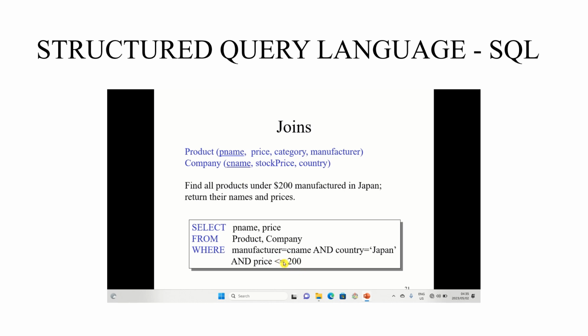You see, I don't agree with this equal sign, students. You also pour out your thoughts. What do you think? It says find all products under, which means less than $200. There is no connotation that they should be less than or equal to. I think this equal sign is a mistake. Just keep the less than.